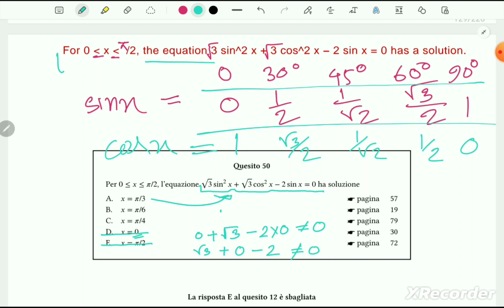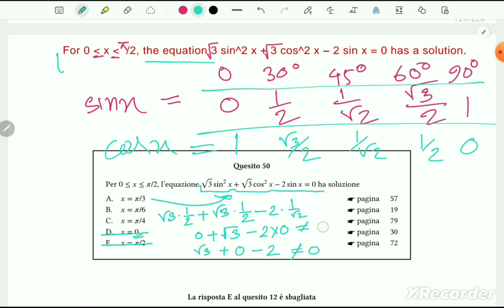Let's check C. In case of C, sine 45 degree has a value of 1 by root 2. 1 by root 2 square, that means half. Root 3 cos square x, cos 45 degree is also the same, so it gives us half. Negative 2 sin x, that means sine 45 degree, 1 by root 2.